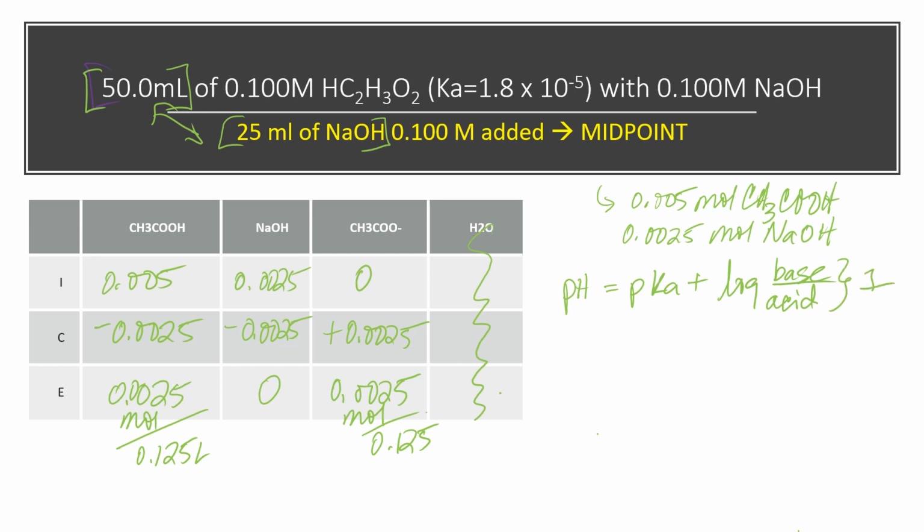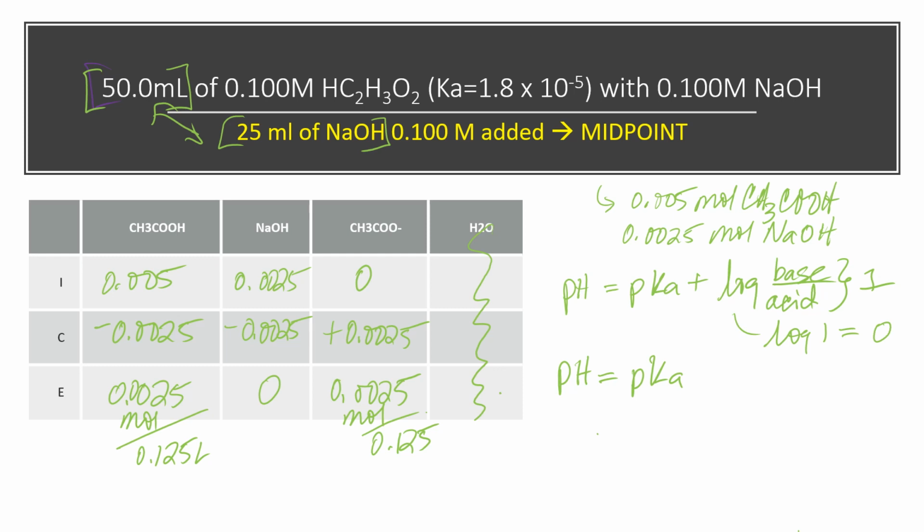We have equimolar or equal mole quantities of CH3COOH and its conjugate base. So no matter what, it's going to be equal to 1. And this is going to reduce to the log of 1, which equals 0. That means our pH is simply equal to pKa.